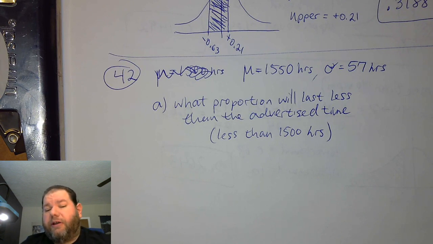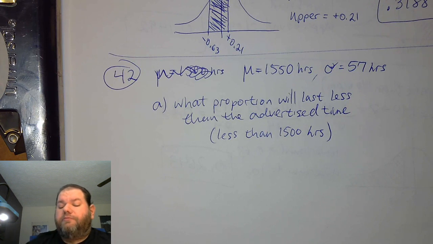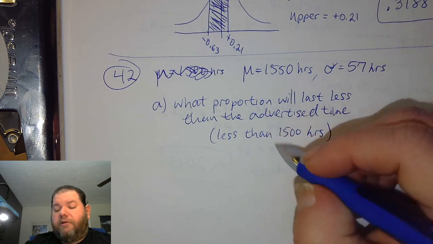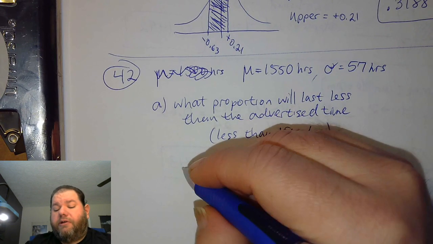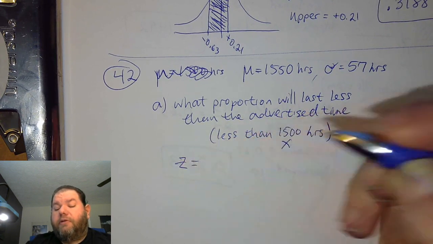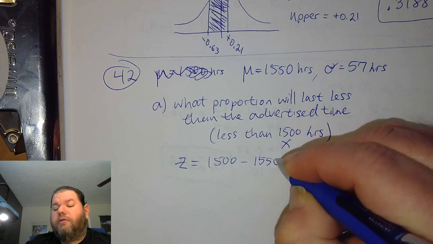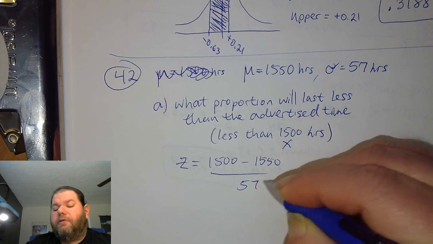And there's different ways that we can ask this question, and I'll add on an extra question at the end of this problem where we look at it from a different way. So less than 1,500, that means that's our x value, 1,500. So we'll let z equal x minus mu divided by sigma.